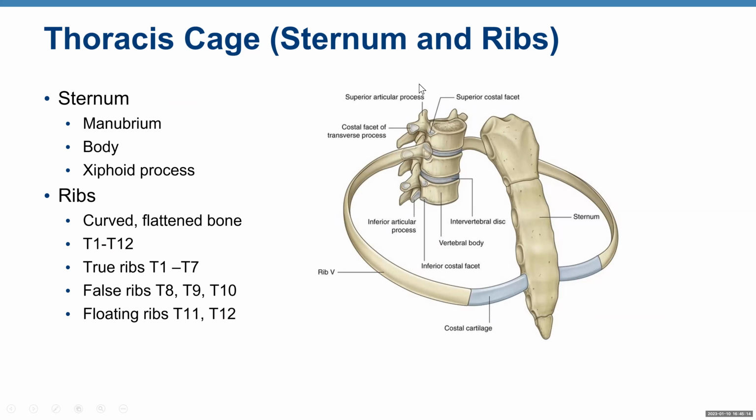Here we can see on the picture the sternum again, and 2 ribs, and they show you how ribs are attached to the vertebrae. They're actually attached to 1 vertebra on the top and 1 on the bottom, so the attachment is right in between two vertebral bodies, and it's attached also to the transverse processes.